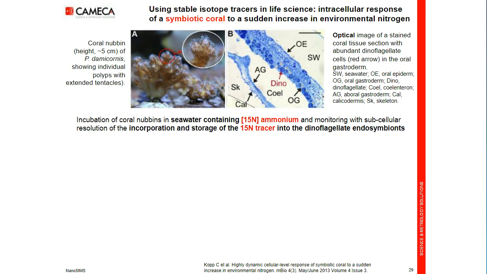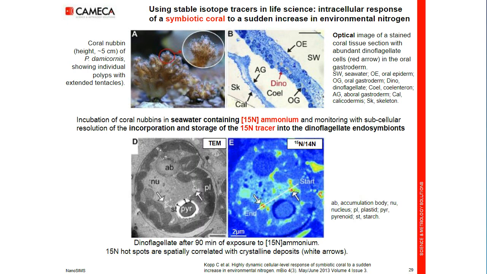That will be nitrogen-15, so we'll be able to trace it with the NanoSIMS, measuring and following the evolution of the nitrogen-15 over nitrogen-14 ratio in the tissues. So here you see the two sections analyzed and correlated with TEM on the left for the best resolution and NanoSIMS isotopic map on the right, showing the evolution of the ratio.